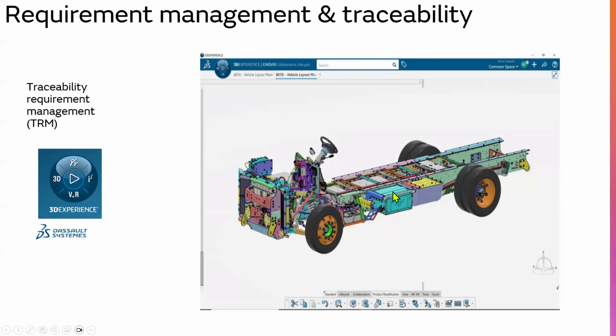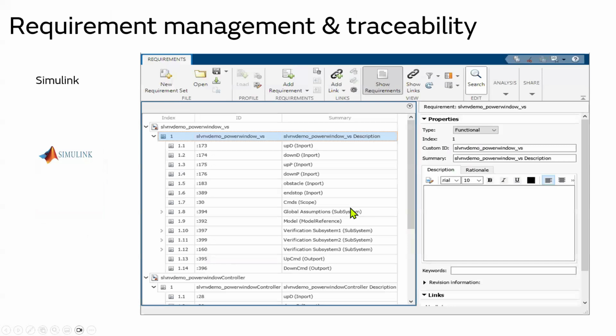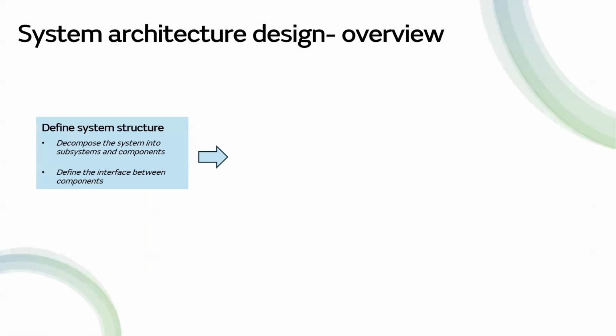So not only for requirement management, but also for other stuff. But now you may use Simulink as well. Simulink is a good tool. You could do requirements directly in Simulink, or import requirements from another tool into Simulink. So I won't spend much time on this slide.